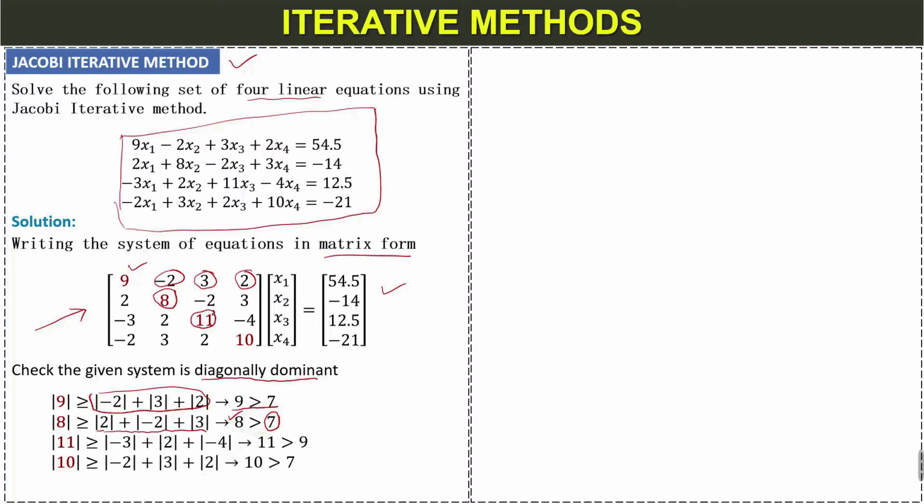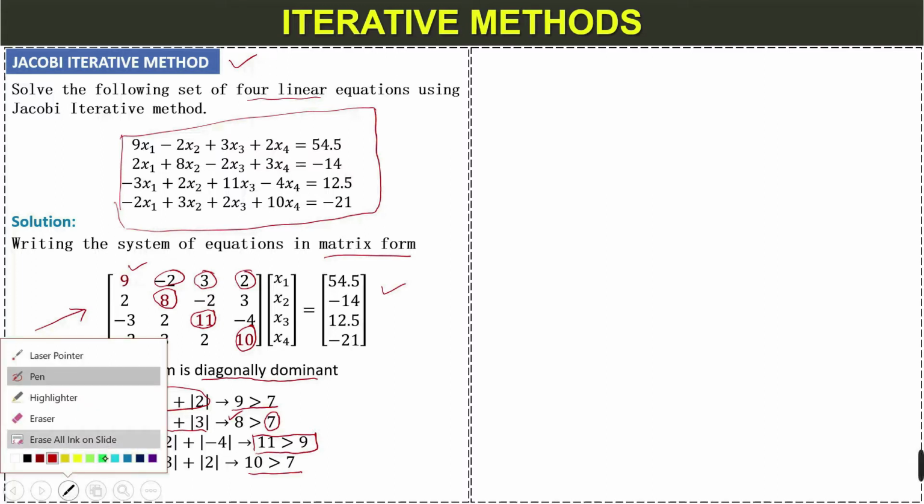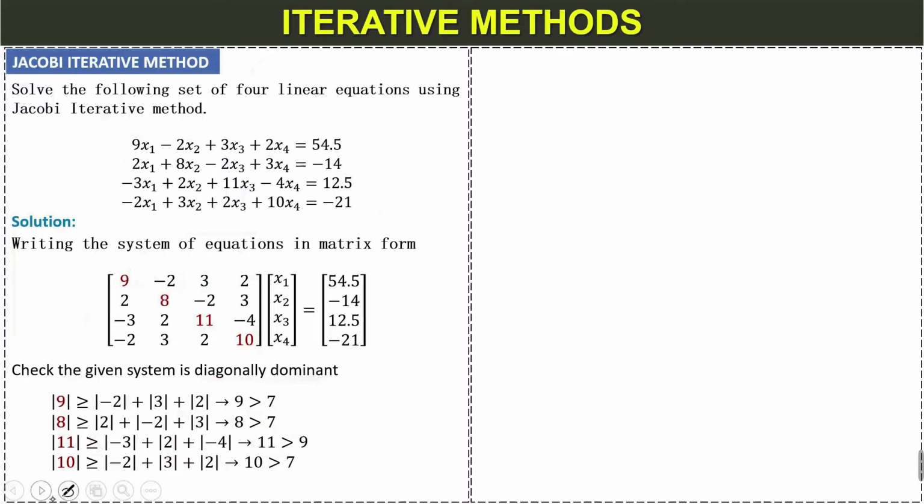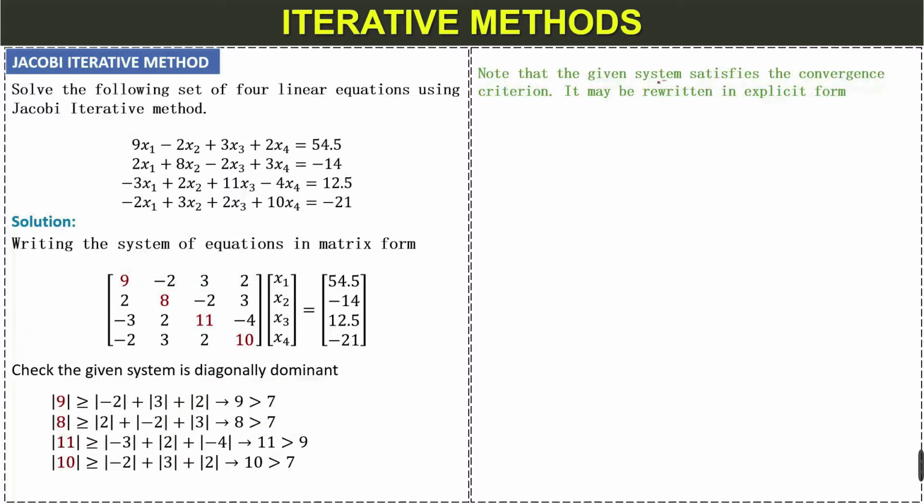Similarly for this one, the diagonal entry is greater than the sum of the absolute values of the off-diagonal entries, and this one is also true. This means the coefficient matrix is strictly diagonally dominant. So our first condition is fulfilled, and the given system satisfies the convergence criteria.